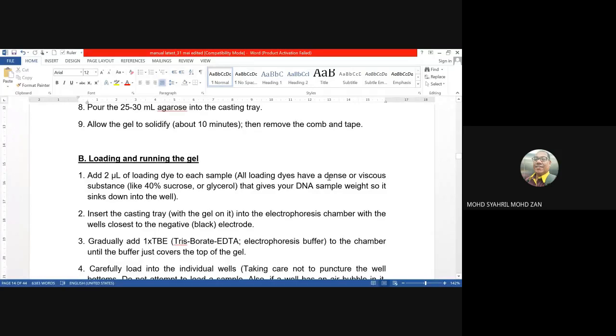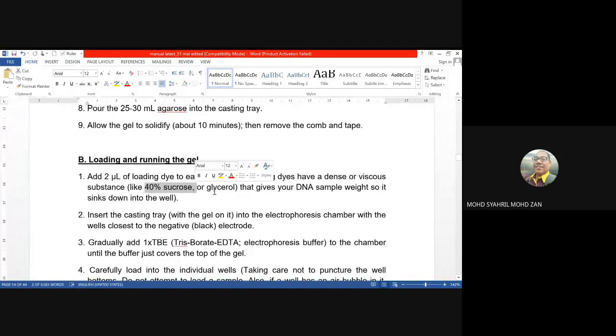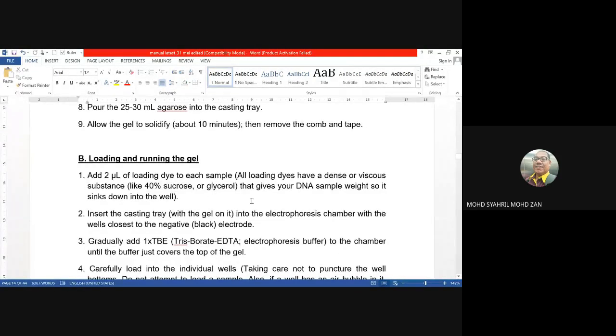All loading dyes are dense or viscous substances. What is in the loading dye is about 40% sucrose or glycerol that gives your DNA sample weight so it sinks down into the well. What moves our DNA is not the DNA itself but the substance in the loading dye. The loading dye binds with our DNA and carries it as it moves.